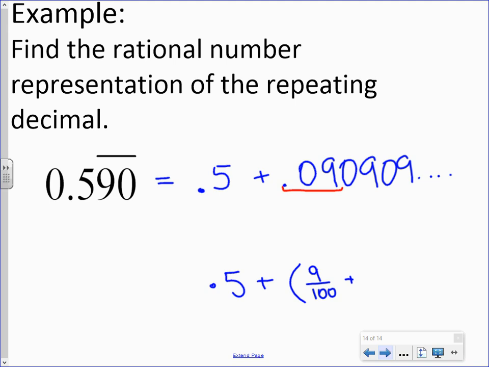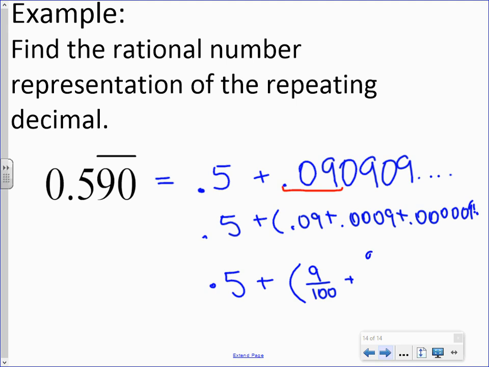Okay. Let's think about it like this, so we can visually see it, okay? This is like 0.09 plus 0.0009 plus 0.000009, etc. Right? To get that decimal, we would have to add those decimals all together. So we have 9/100ths.